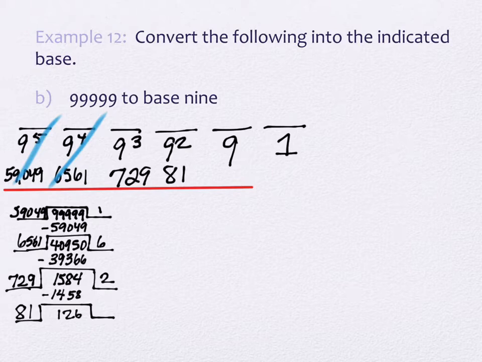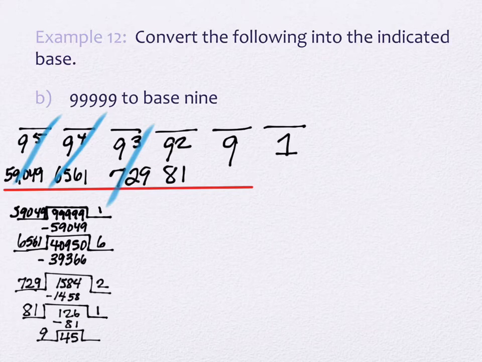The next power in my list is 81, which just goes in once, exactly. So minus my 81. 126 minus 81 is 45. How many times will 9 go into 45? Yep, 5 times.